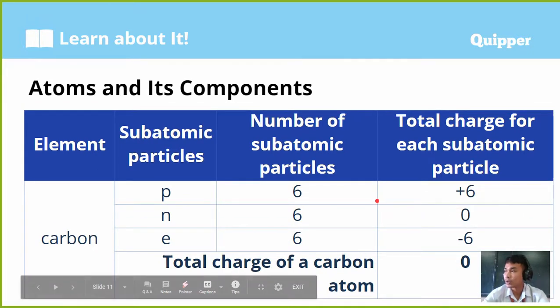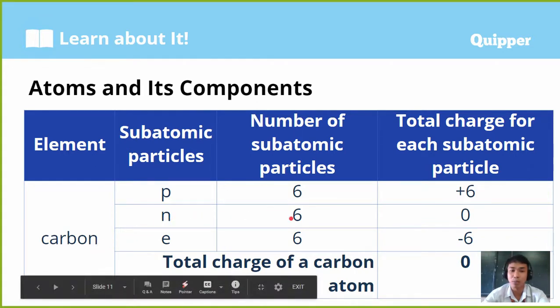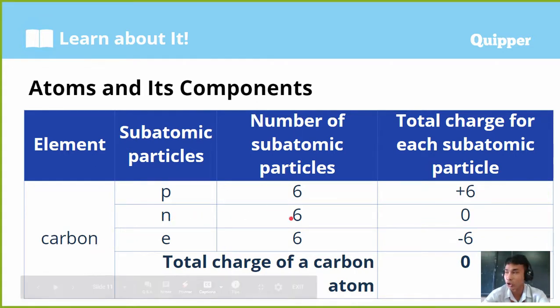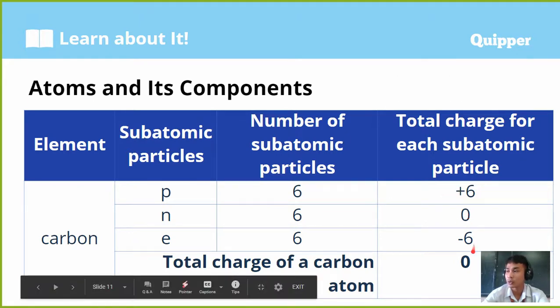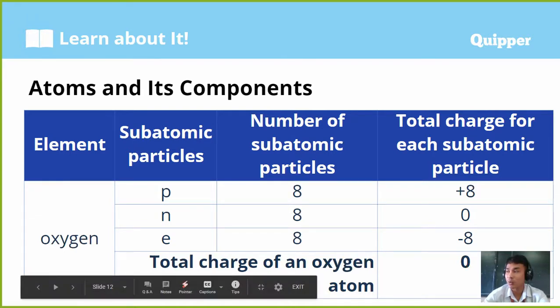For carbon, same thing: 6, 6, 6 for the proton, neutron, and electrons. So positive 6, negative 6, 0. The total charge of a carbon atom is 0. Also the same thing with oxygen: positive 8, negative 8, 0.